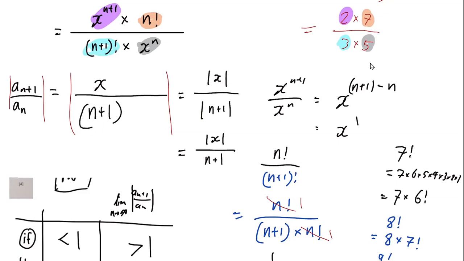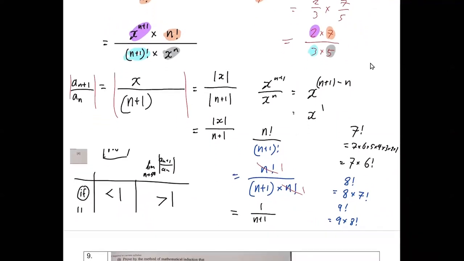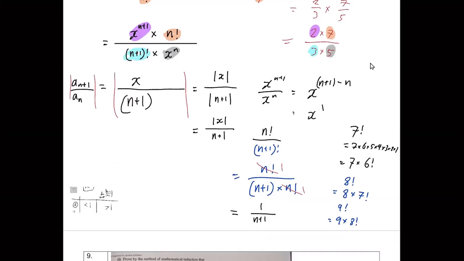Right? Now we have to consider what happens if we take the limit as n goes to infinity of this expression. Remember, we have to take the limit as n goes to infinity. So that's what we're going to do now. I'm just going to copy and paste to save time. It will be equal to the limit as n goes to infinity of the expression.